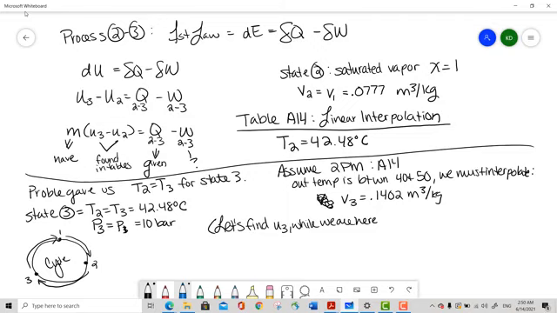Let's find U3 while we're here. Okay. And so then we have to interpolate, which ends up being U3 equals 1374.88 kilojoules per kilogram. Okay.